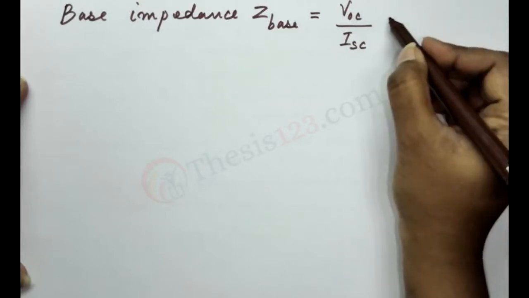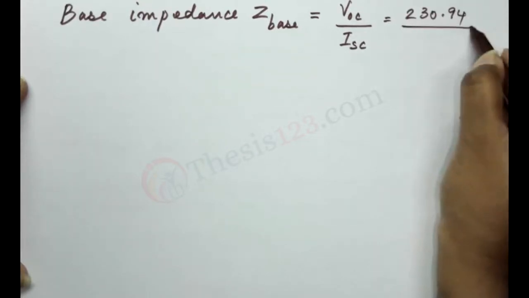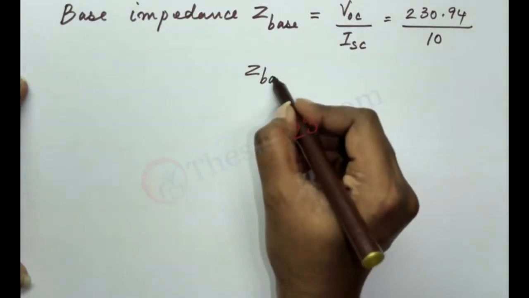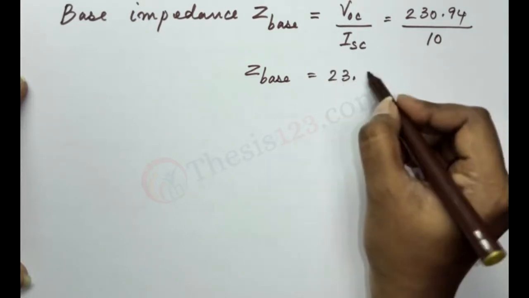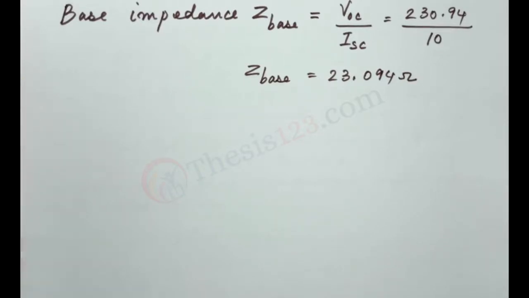So what are the values? 230.94 divided by 10. And that gives us a base impedance value of 23.094 ohms.